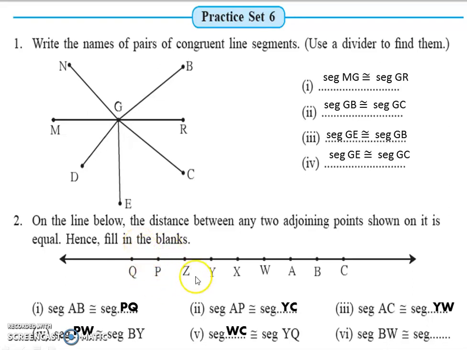So any segment measuring 3 units will be congruent to YQ. Therefore our answer will be segment WC is congruent to segment YQ. And the last one, segment BW. So BW measures 2 units. Therefore the answer will be segment BW congruent to segment QZ, since QZ also measures 2 units. Students, as I told you, you can have varied answers to this question.